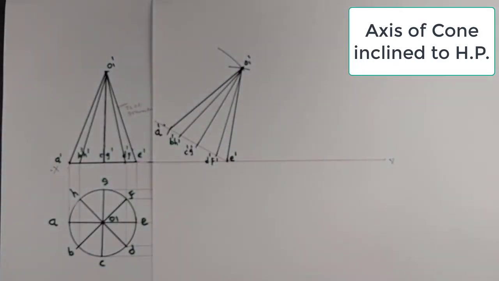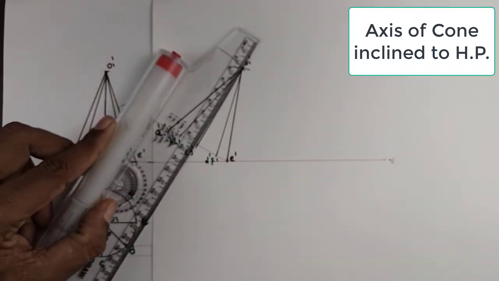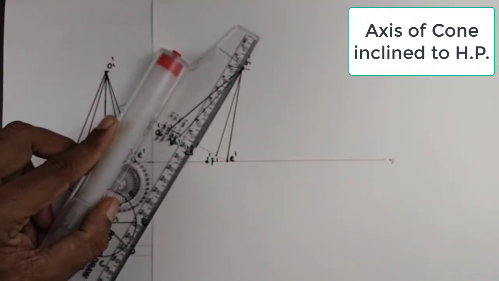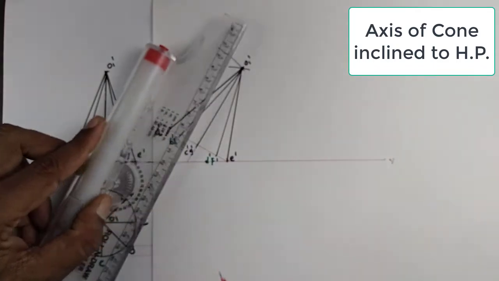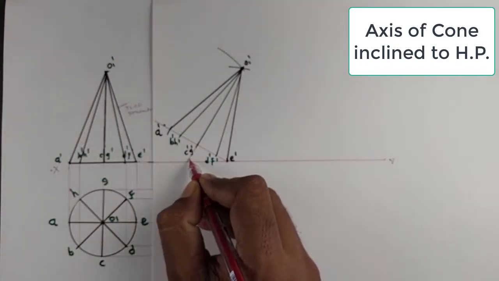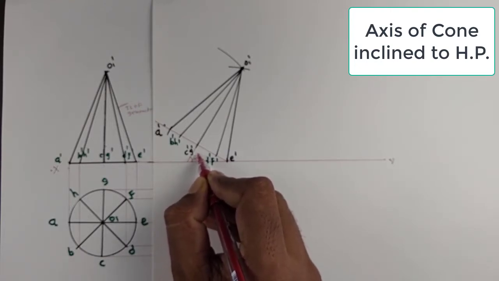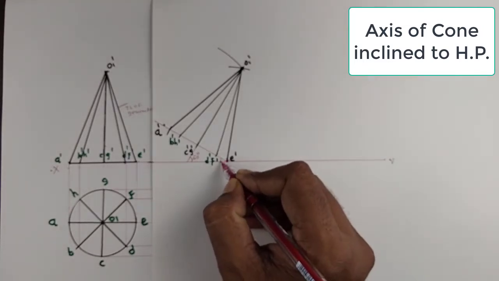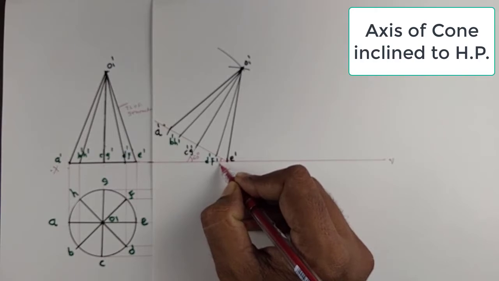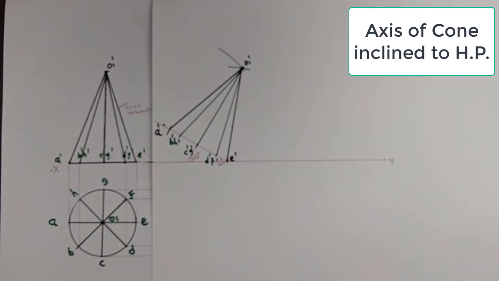You can verify your axis. It is inclined to HP at 60 degrees. So you can extend this line and measure this angle. As per the data, the axis is inclined to HP at 60 degrees, and your base is inclined to HP at 30 degrees.